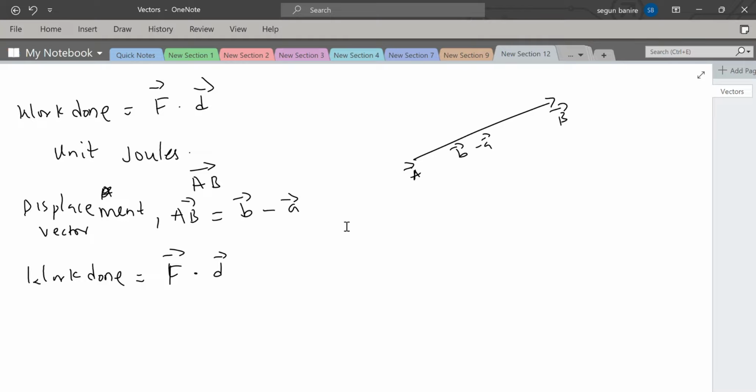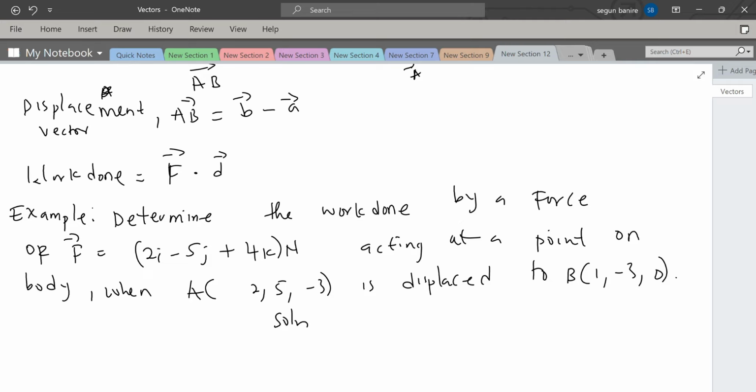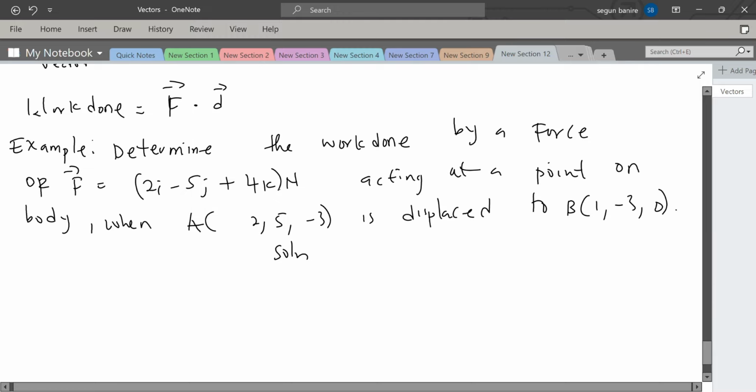So let's look for an example. Okay, so let's discuss it. So the work done, like we said before, is force times the distance, but you could see a is displaced to b. We need the displacement vector, so that would be b minus a.